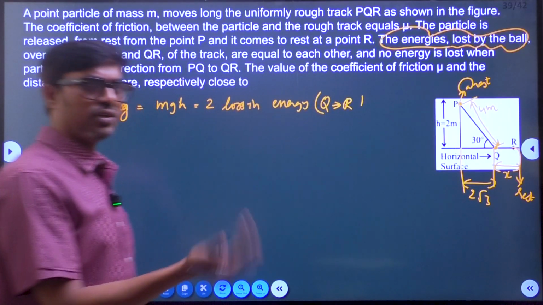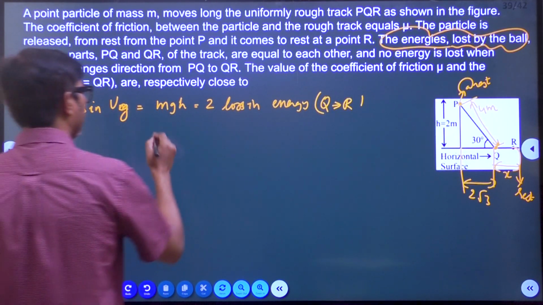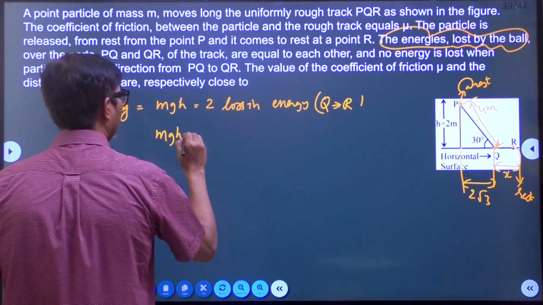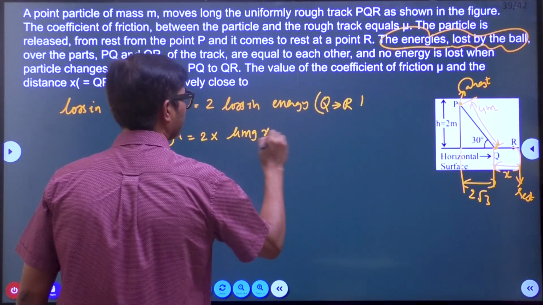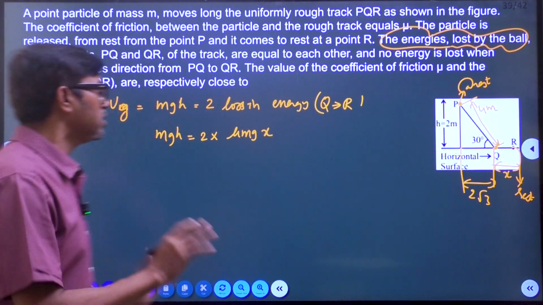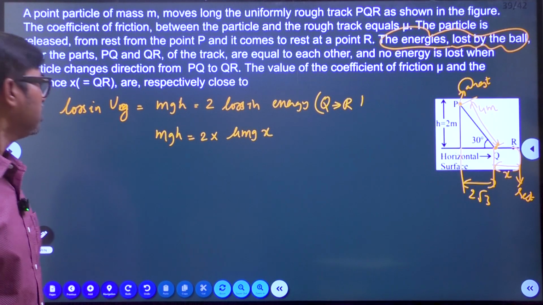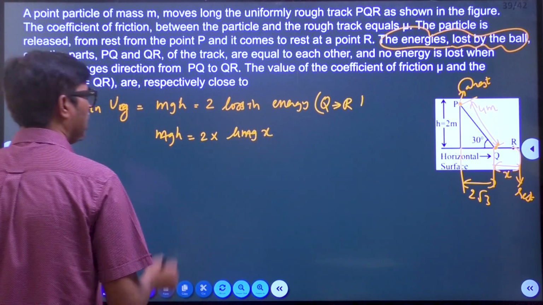So whatever it is losing from Q to R is going to be 50% of mgh. So mgh equals 2 times mu mg into x. Mu mgx is the work done there, the negative of mu mgx. I'm just taking the magnitude here. So from there, mg cancels out and I will get x.